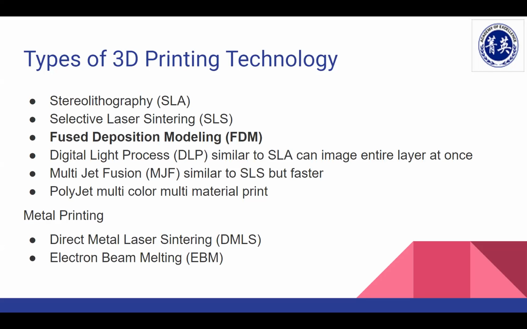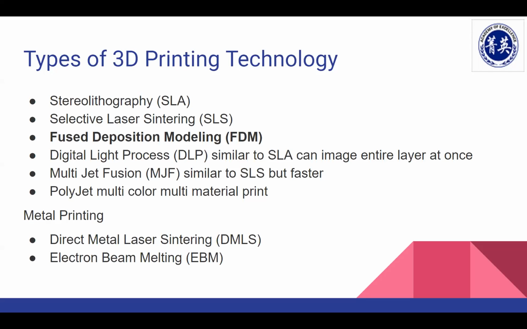Now, an SLS machine, versus a liquid one, is very similar to the SLA machine. SLS uses a powdered material. So you use a laser to harden this powdered material, then go down layer by layer, right? Fused deposition modeling, FDM, is what the general household, desktop, or hobby machines are mostly built on.